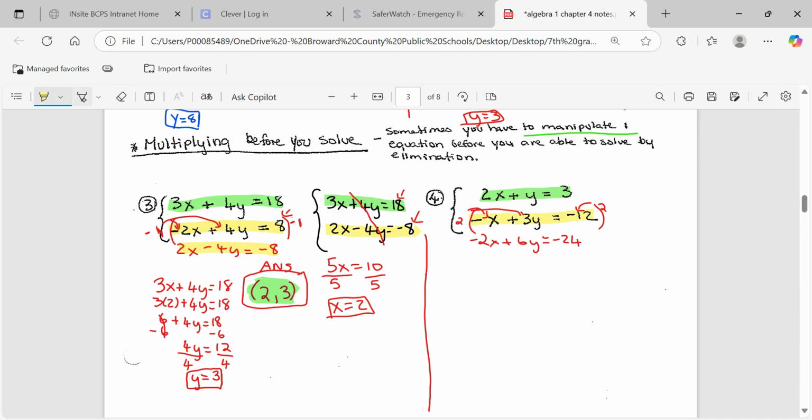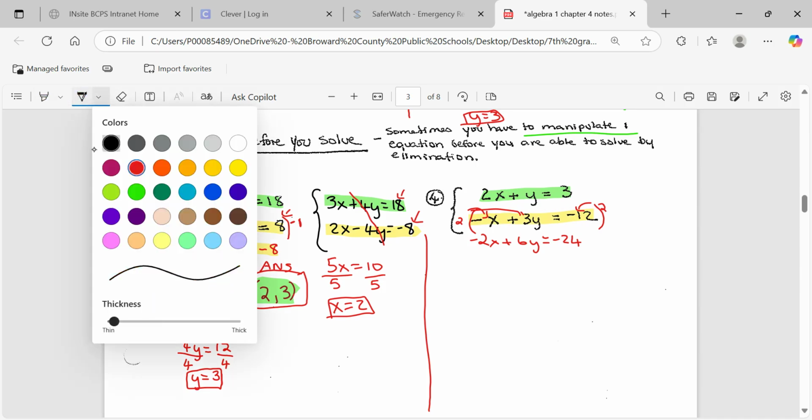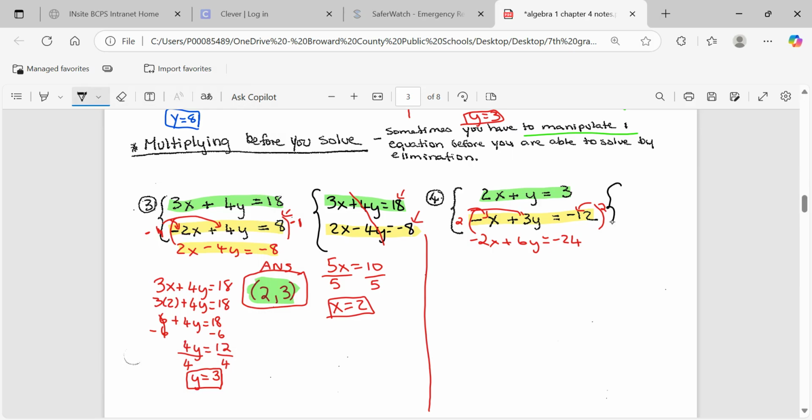Okay, so now let's go ahead and rewrite the system. And I know I'm working with 2x plus y equals 3. I didn't change that. But the second one I did change into negative 2x plus 6y, and that's equal to negative 24.